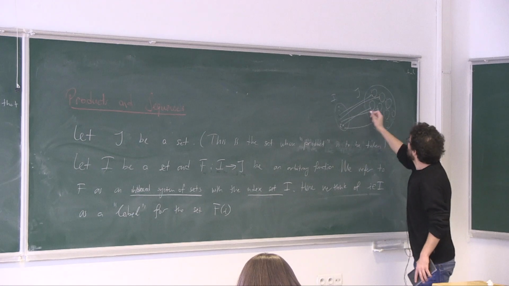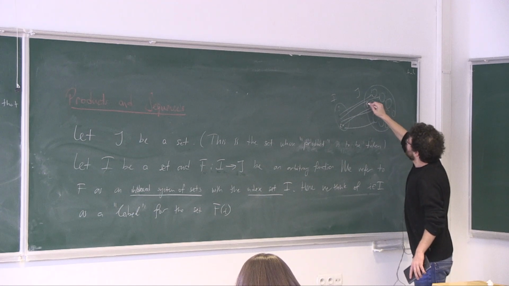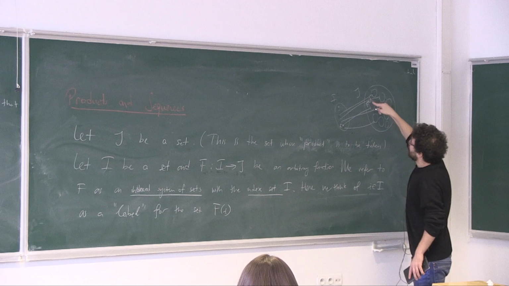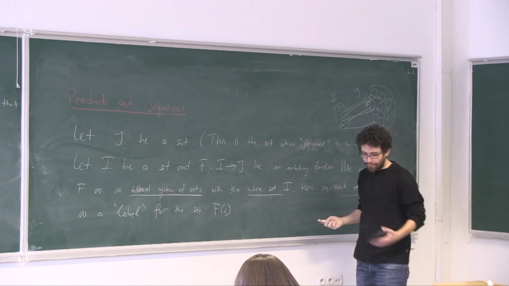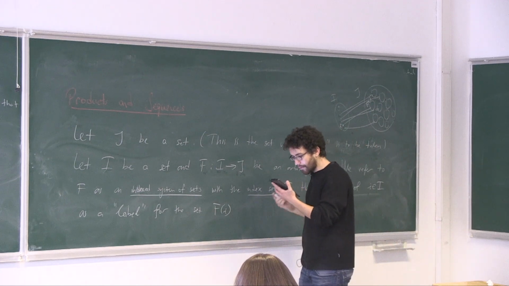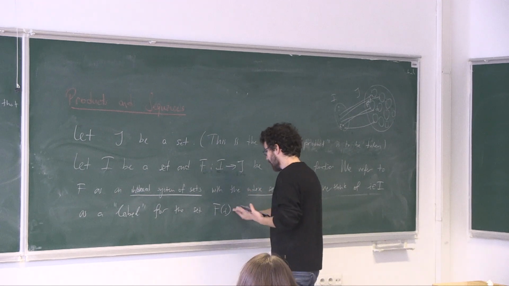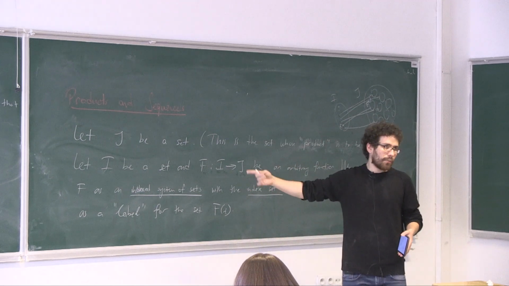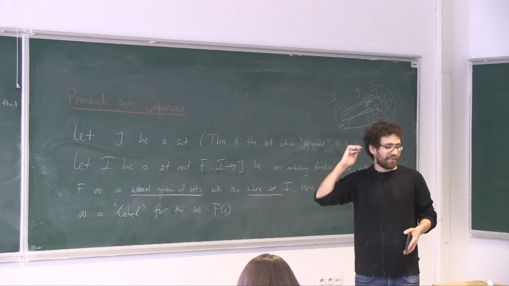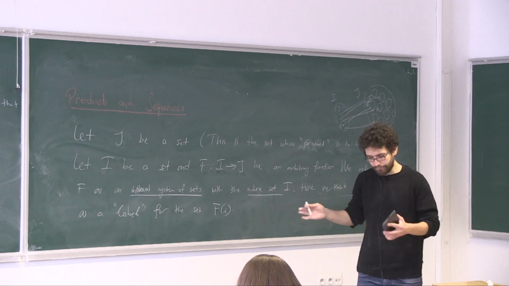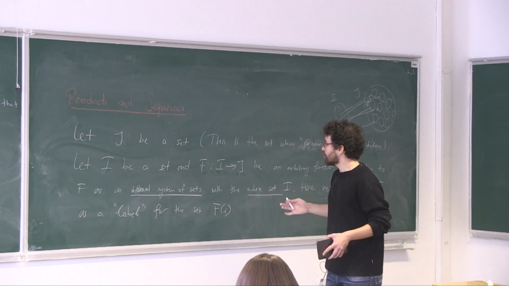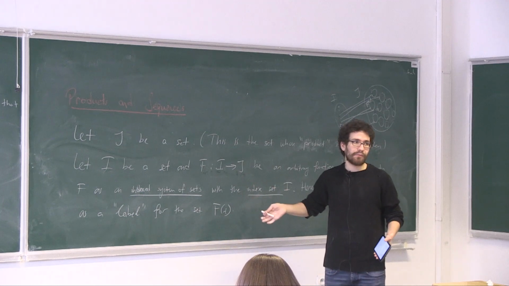Let's say that this is i. This is mapped to this guy, f of i. f of i is this set. I think of i as a label of this set. Now, I just introduced some terminology, but I'm going to be somewhat flexible while using this. So sometimes I'll just refer to the image of this as an index system of sets and so on.